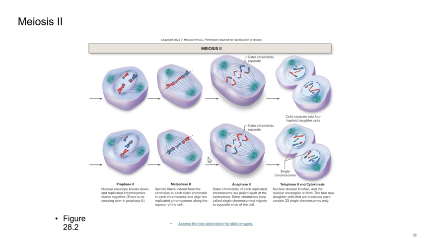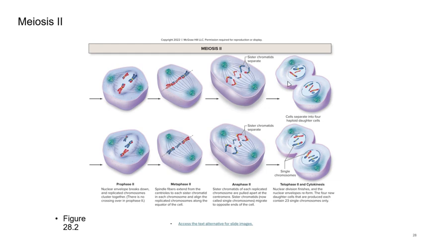So remember, in meiosis 2, you're starting with what you finished with in meiosis 1. You're starting with a haploid cell. You're just starting with 2 chromatids in the replicated chromosome, and then you're ending up with single chromosomes, right? So a single-stranded chromosome, and again, 23 of those, right? So 1 through 23.